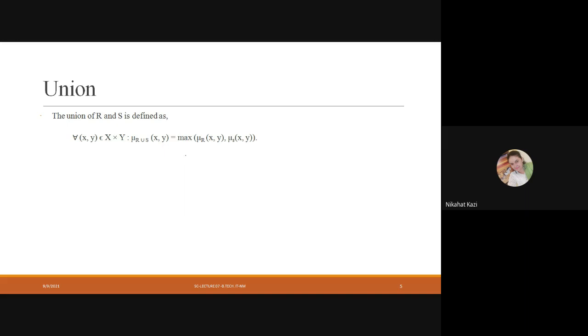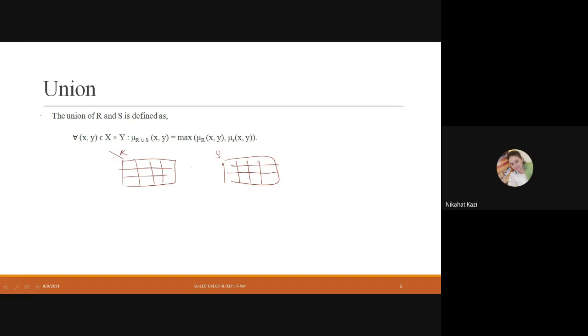You find the max membership of the two, and you have that in the union. So you have two relations, R and S, two tables. What will be the union?